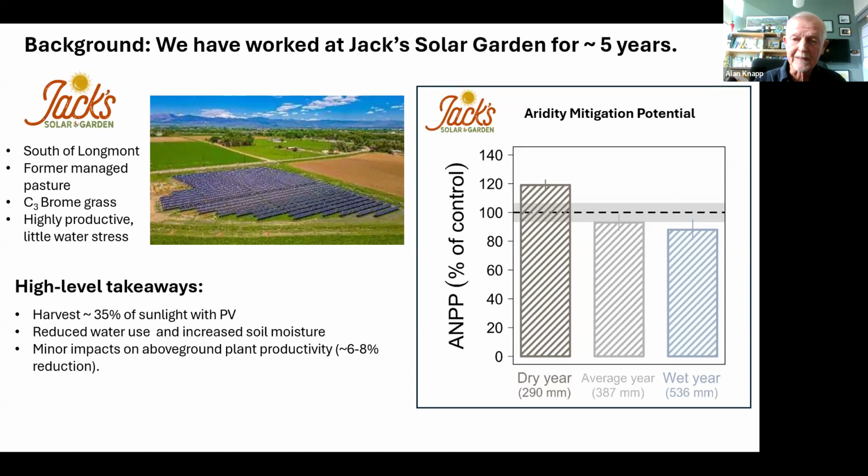The dashed line is what happens outside the array, the control. The bars are what's inside. And you can see on average in wet years at the site, we don't see much of a reduction compared to outside, but in dry years, we actually see an increase in productivity or grass growth inside, beneath Jack's Solar Garden, essentially signaling to us that during dry years or in dry parts of the world, these arrays might actually function to benefit the productivity of the grasslands.